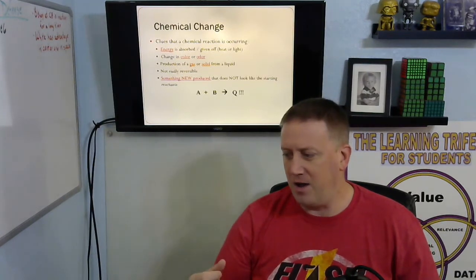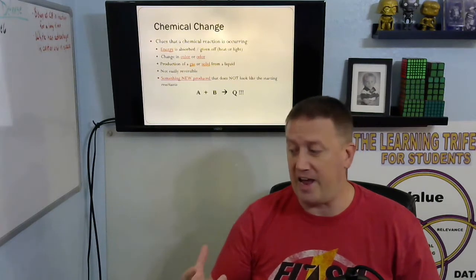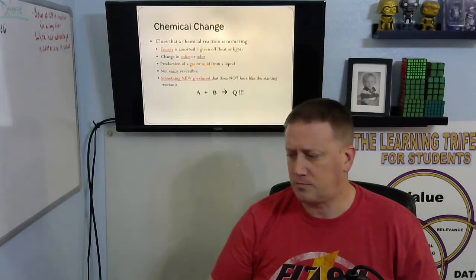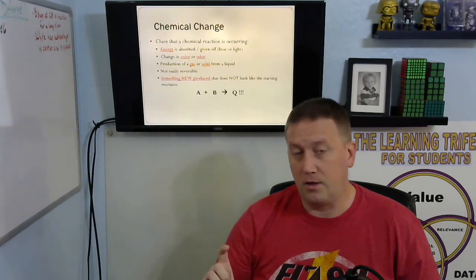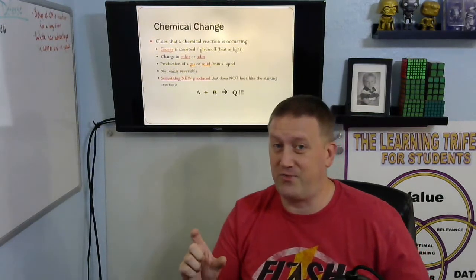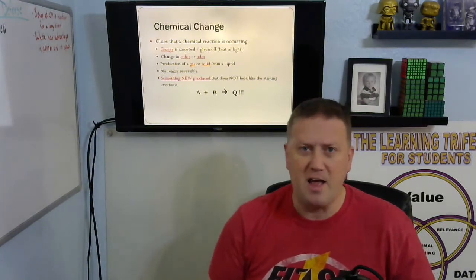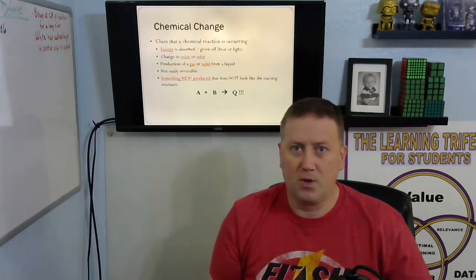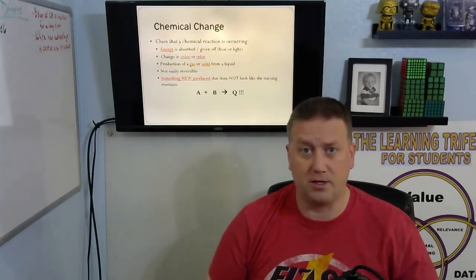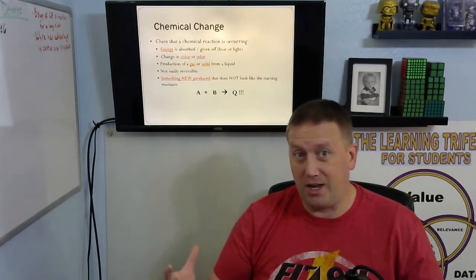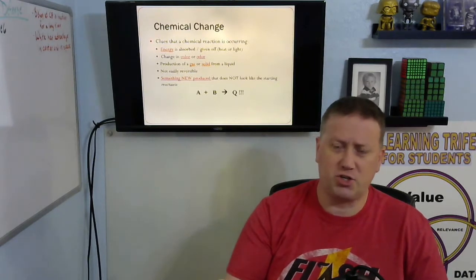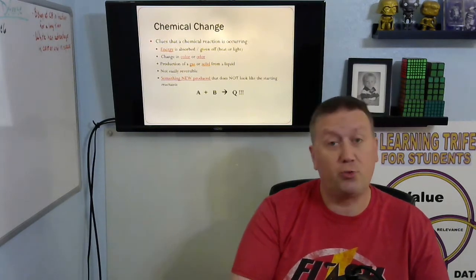Another sign is the production of a gas or a solid coming from a liquid. These chemical changes are very difficult to change back. Think about the egg video. When I put the egg on the skillet and it was heating up, that heat caused chemical reactions to occur and caused changes to the proteins.